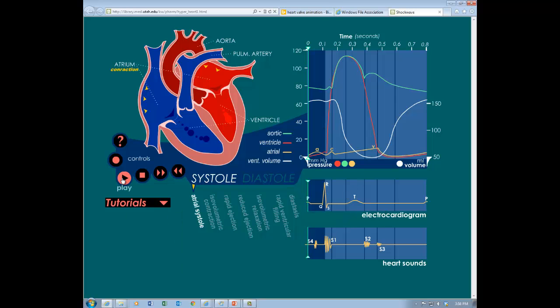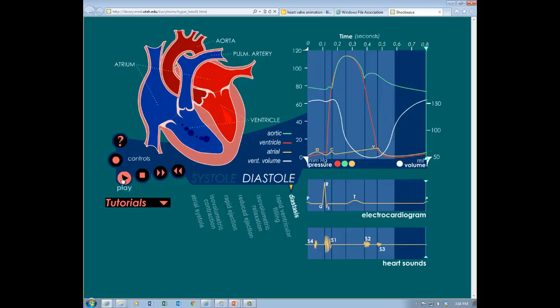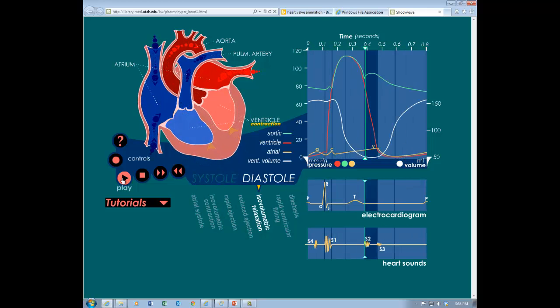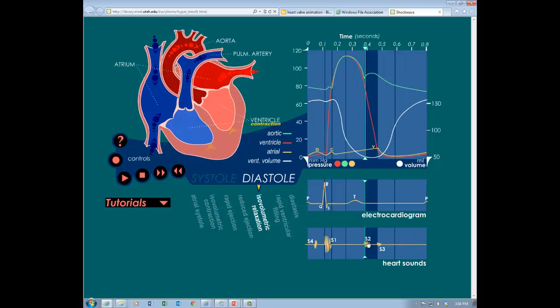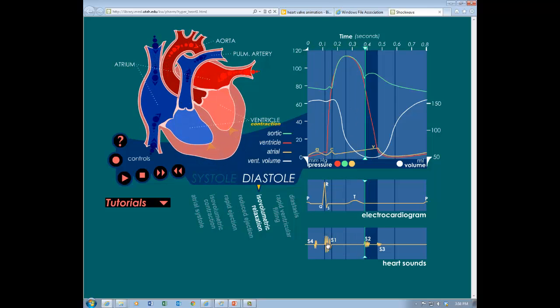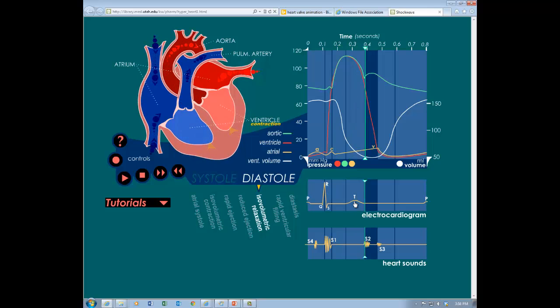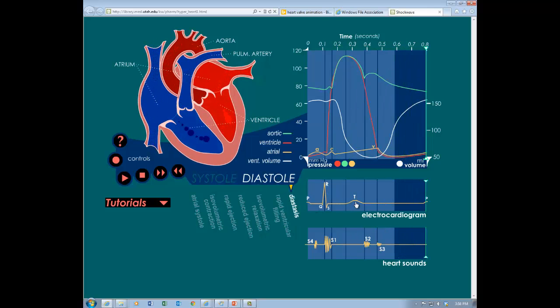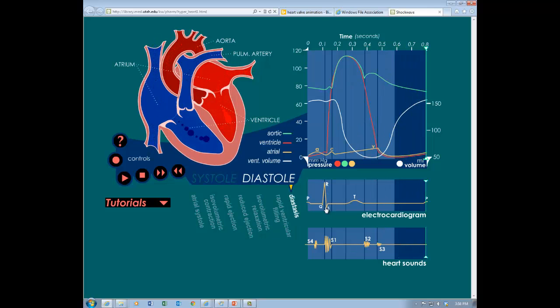So if we follow these heart sounds here, the S1 and S2 are the important heart sounds. The S1 occurs when the ventricles are contracting, and the S2 happens right after the ventricles relax. If we follow it on the EKG here, the QRS represents when the ventricles are depolarizing just before they contract, and the T wave represents the ventricles repolarizing just before they relax.